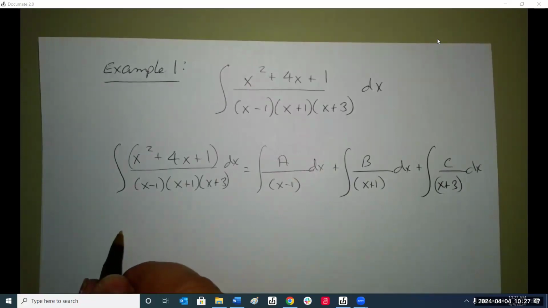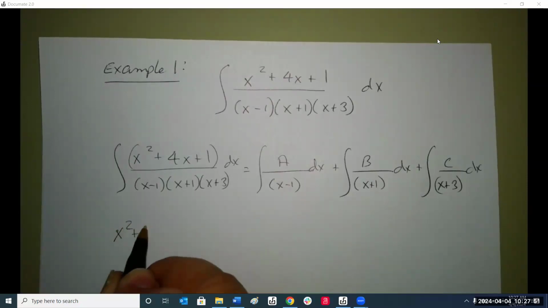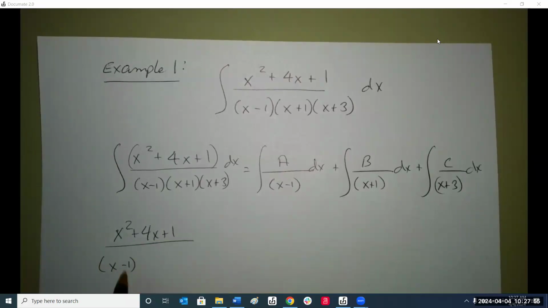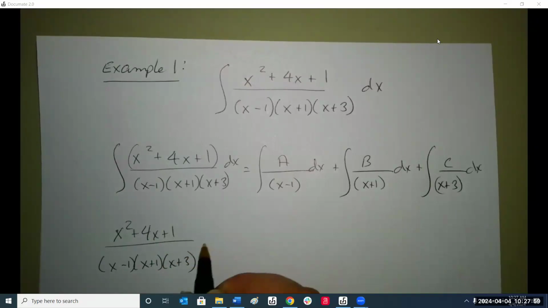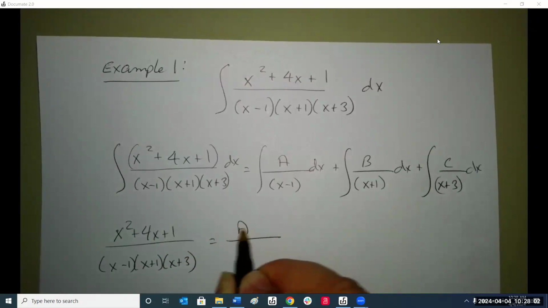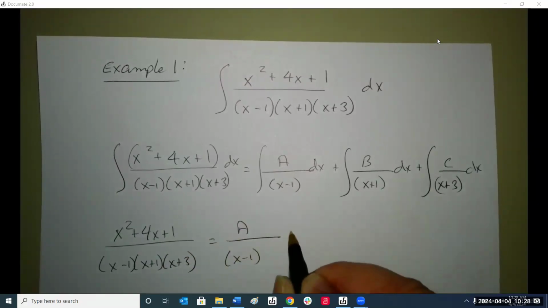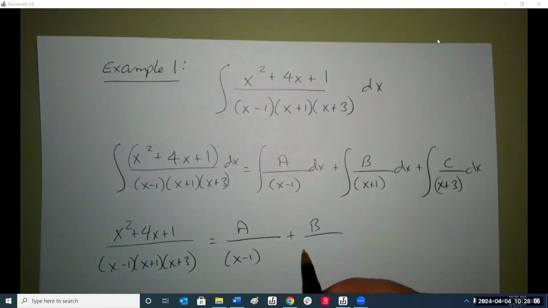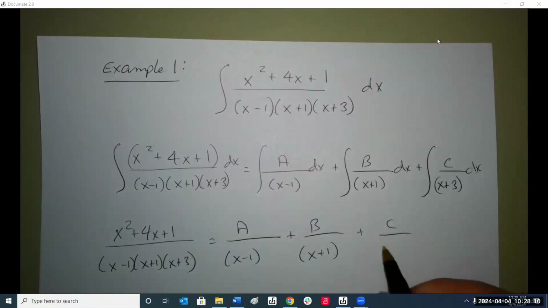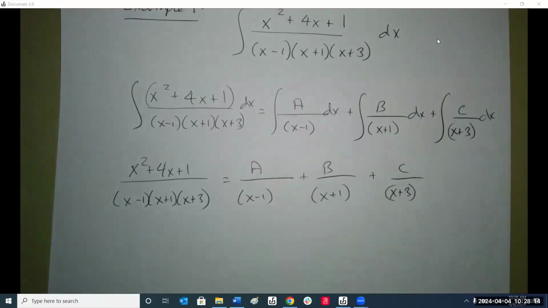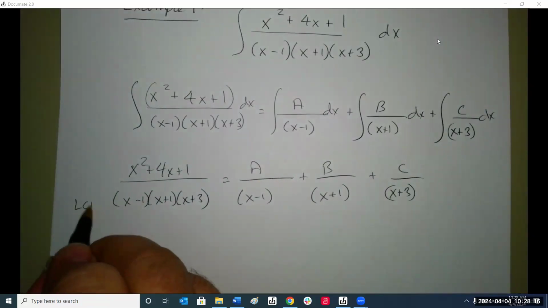So we set our numerator, which is x squared plus 4x plus 1, equal to the partial fractions. Because now we have to set them up and get rid of the denominators. So our LCD is this.